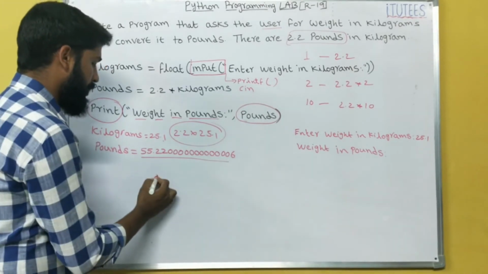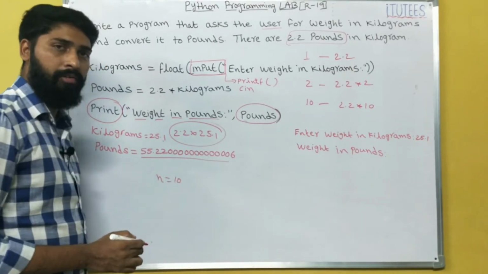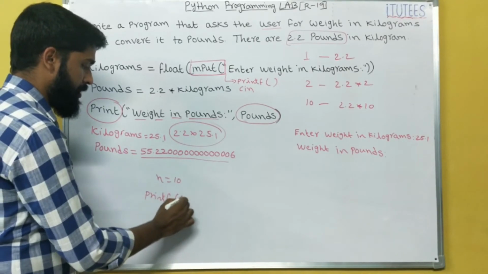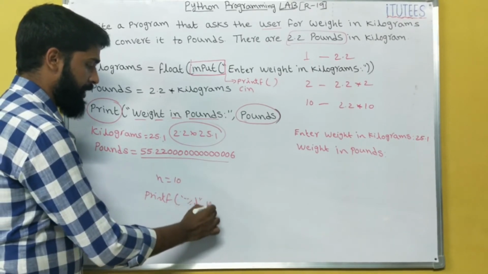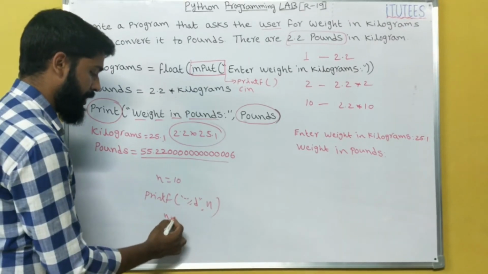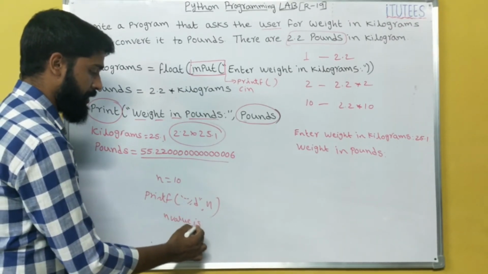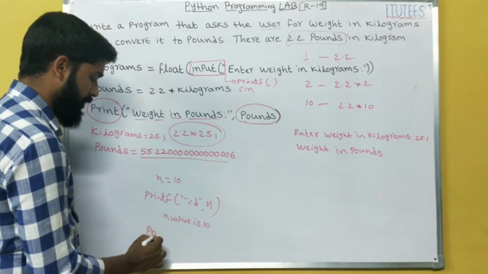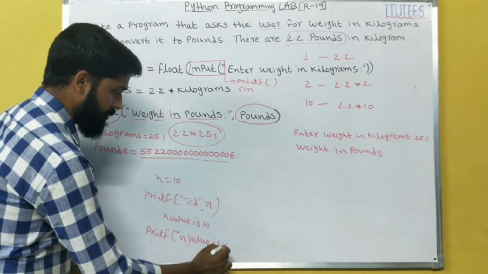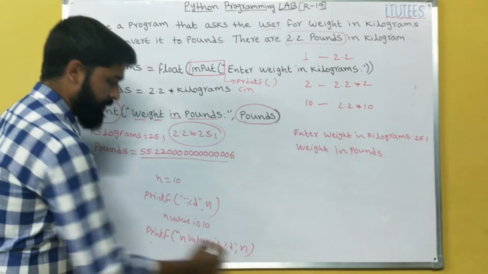For example, n equals 10. How do we print it in C? printf("n value is %d", n).